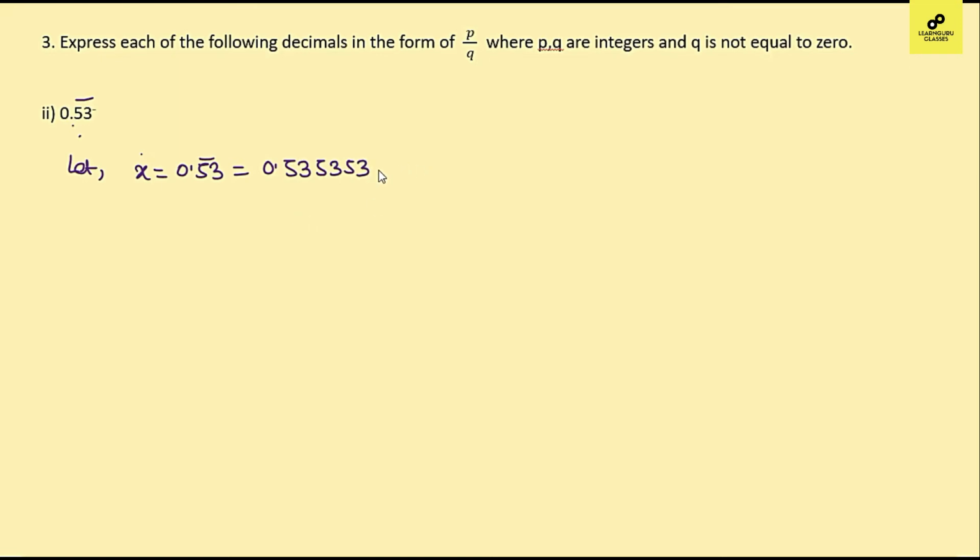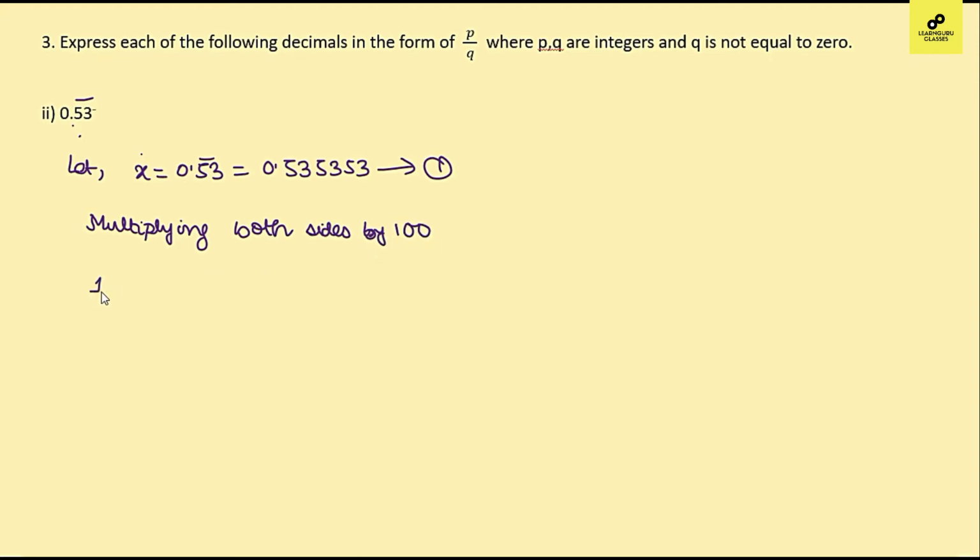Okay, let us call this equation 1. Now since 2 digits are under the bar, what will you multiply by? To get rid of the decimal, you will multiply both sides by 100.